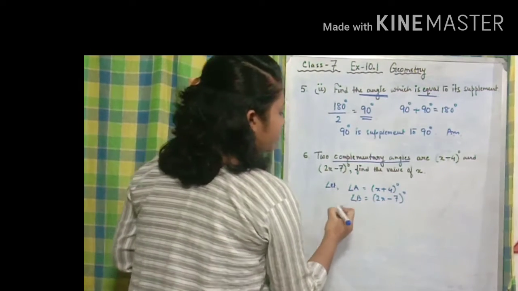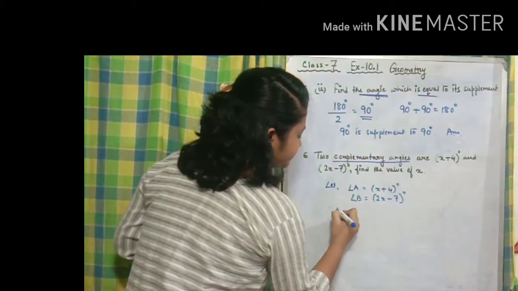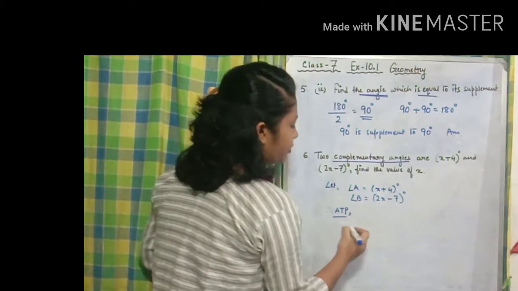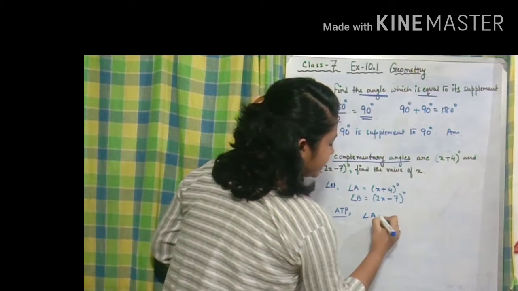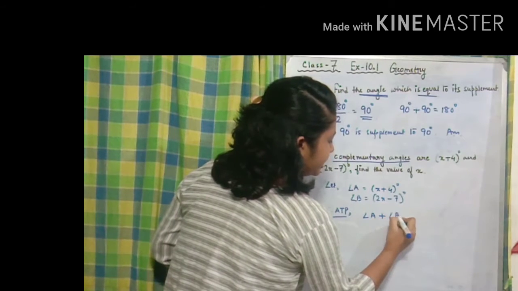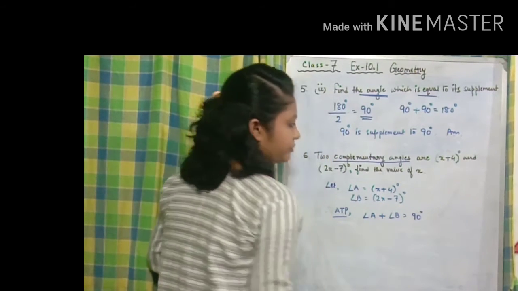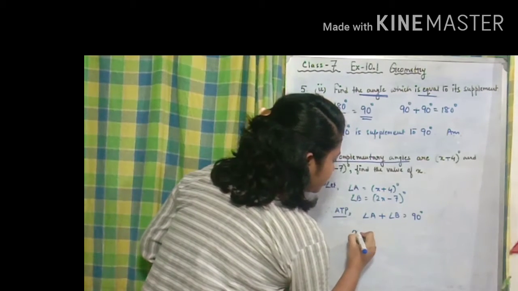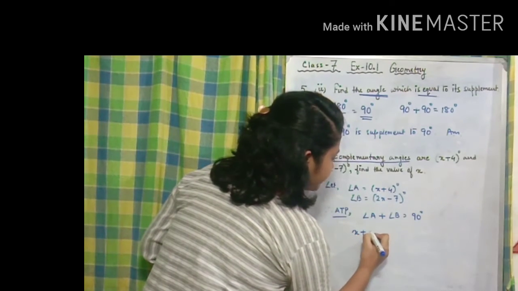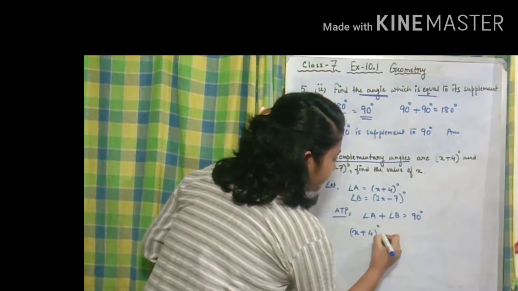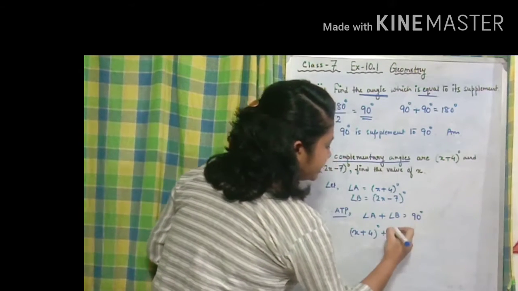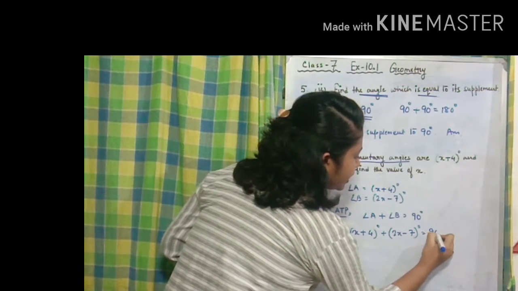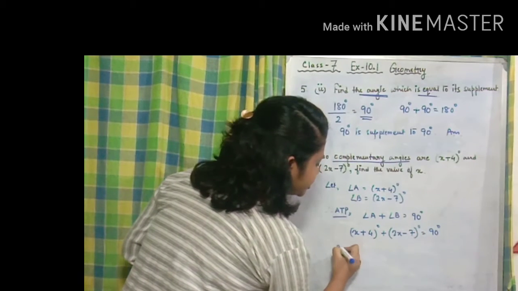Alright, therefore according to the problem, we can say that angle A plus angle B is equal to 90 degree, as they are complement to each other. So let's put the values of angle A, that is x plus 4 degree, plus angle B, that is 2x minus 7 degree.